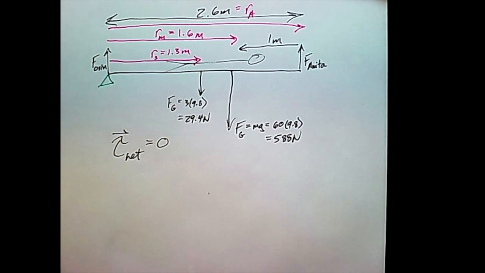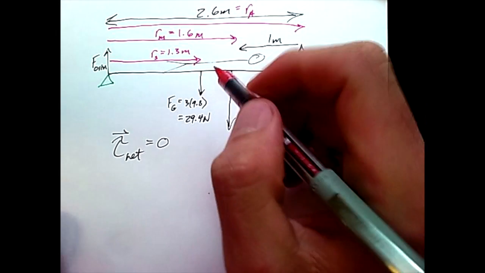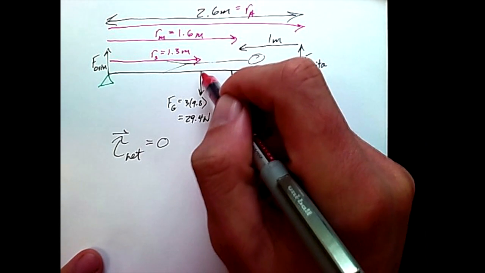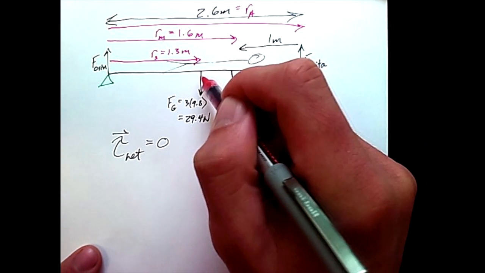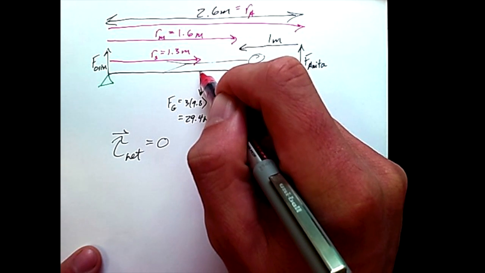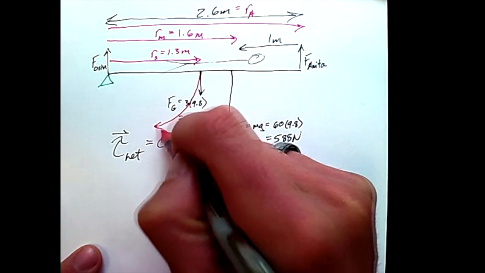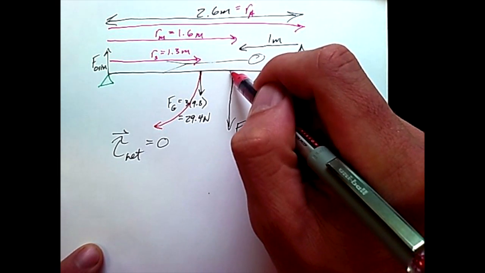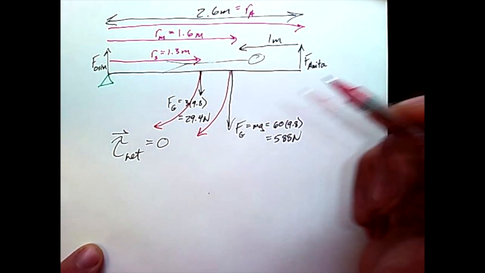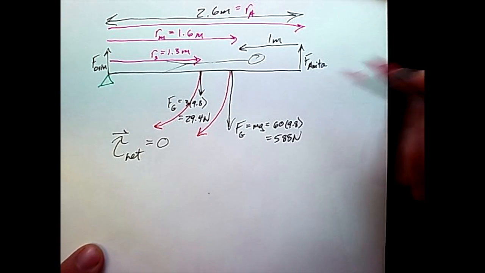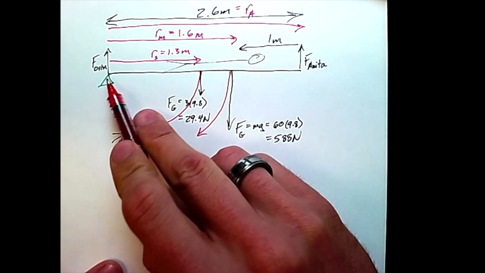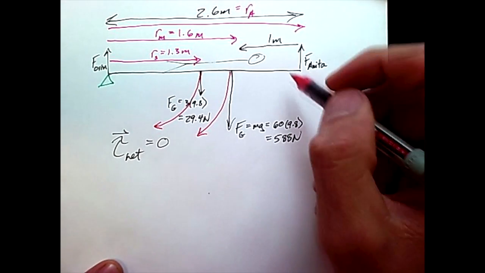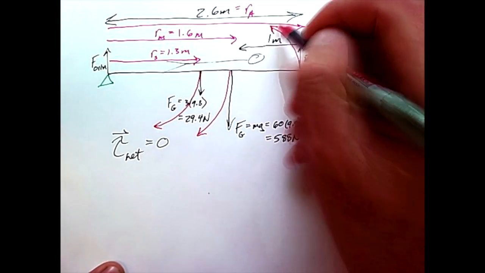Once you have all of the torque arms labeled, then the key is to just note where these torques would be and how that would affect the system. So, for example, the stretcher pulls down, which as a torque is going to pull clockwise. The man pulls down, which as a torque is going to pull clockwise. And then Anita, who pulls up, if the pivot is here, is going to cause the system to rotate counterclockwise. Right?